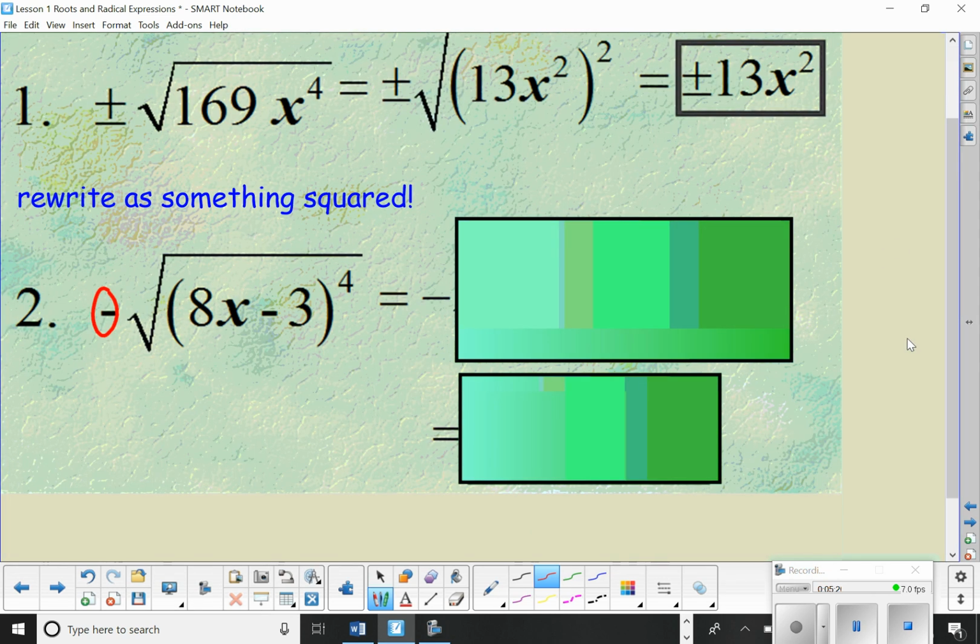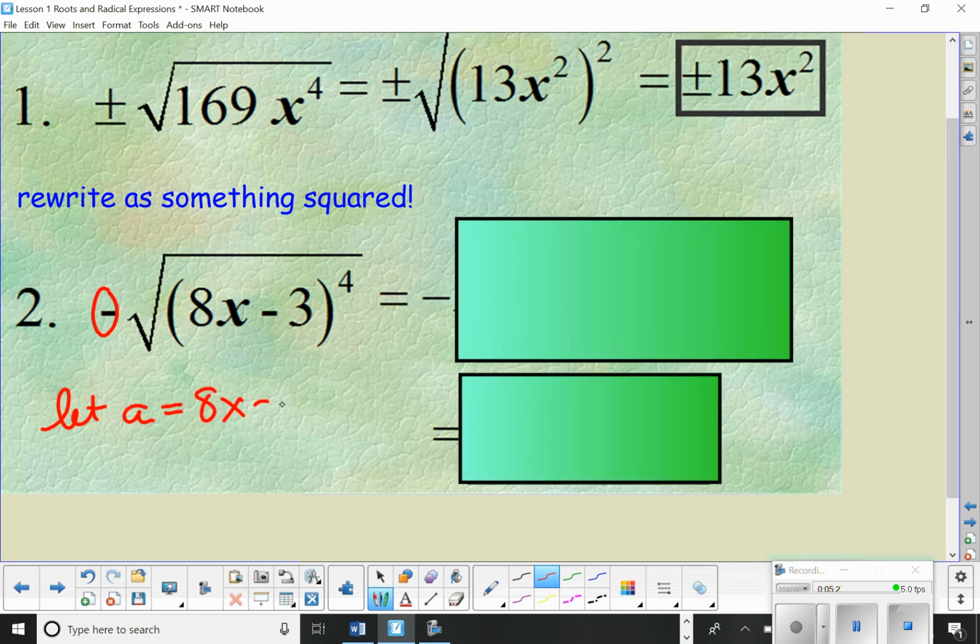We're going to let a equal 8x minus 3. So now I have negative square root of a to the 4th.